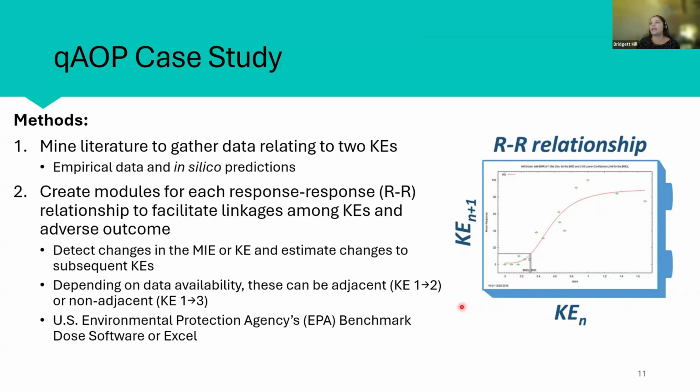And based on data availability, these key events can be adjacent, so it would be key event 1 and key event 2, or non-adjacent, such as key event 1 to key event 3 or 4. And the software that they used was the benchmark dose software at the US EPA, and if they didn't have enough data or weren't able to model using this software, they used regression mathematical equations in Excel.